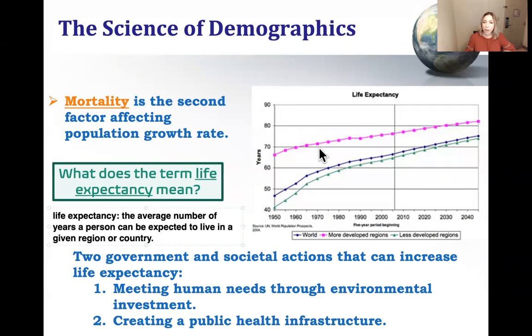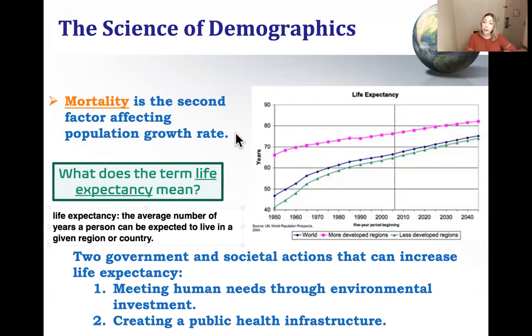So if you see here, the orange line being developed countries, our life expectancy is much higher. We're into the 80s, whereas developing countries are in maybe the mid 70s. So it is getting better for everyone though.